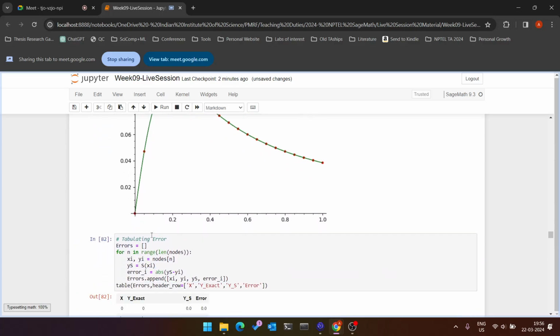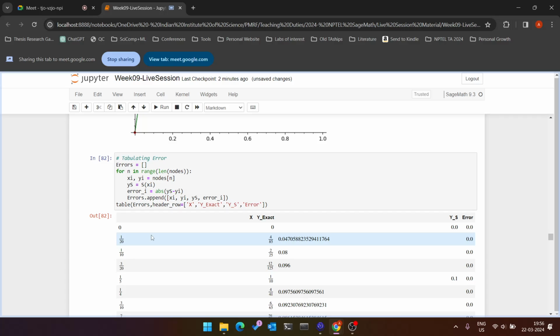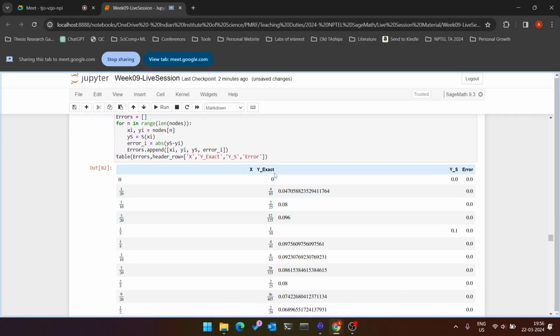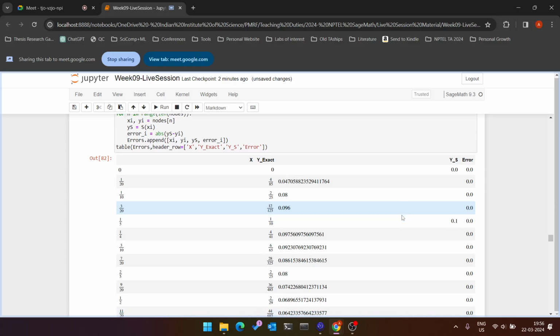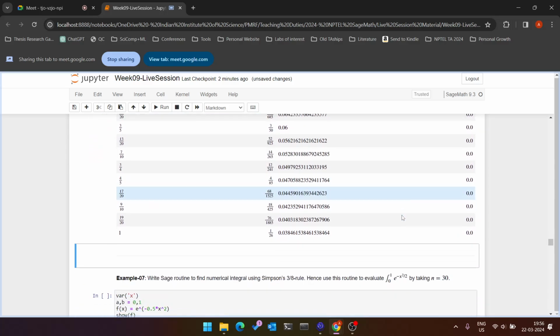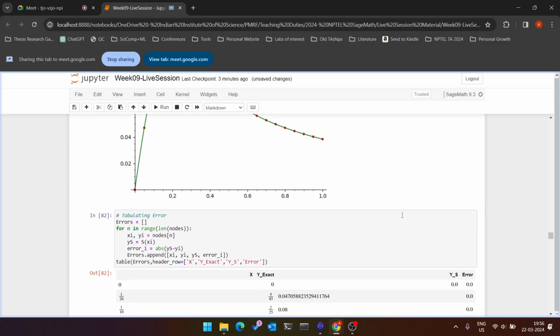If I run the error code again, I get a table which looks like x, y exact, y spline, and you can see that the error is zeroed at all the points. So wherever information is specified, we expect our interpolation polynomial to necessarily match that information, whereas in between, we expect it to fill the gaps.